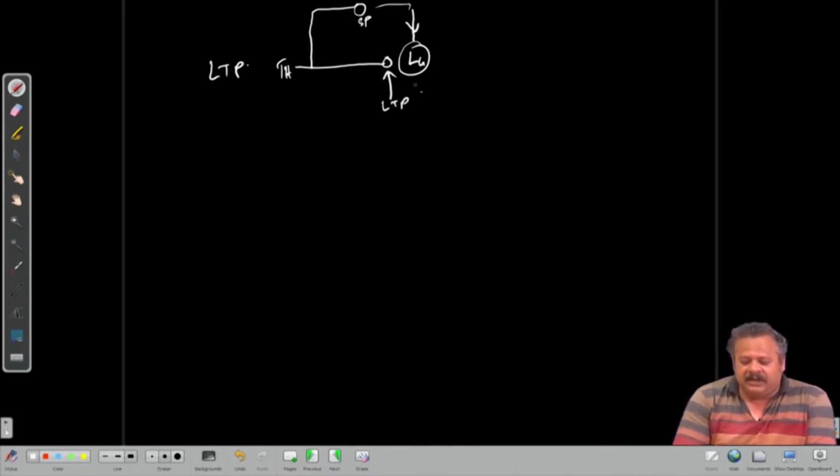Now, as the thalamic synapse on layer 4 gets stronger, the thalamus itself is capable of making the layer 4 neuron fire action potentials.